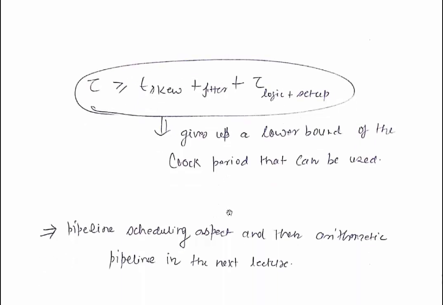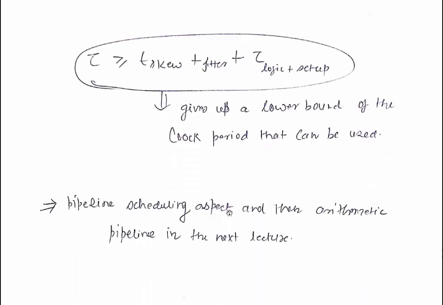Now pipeline scheduling we will be discussing in the next lecture. In this lecture we have seen how the overall task is divided into a number of stages, and if you do that, your speedup would be equivalent to k. Let's say you have divided one overall computation into k stages, you can get up to k times speedup. In a pipeline you have to have the execution in an overlapped fashion.